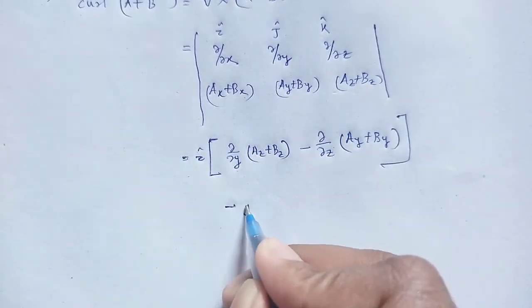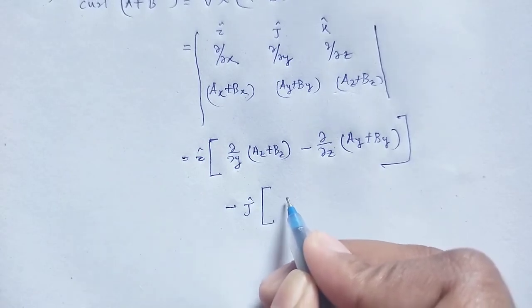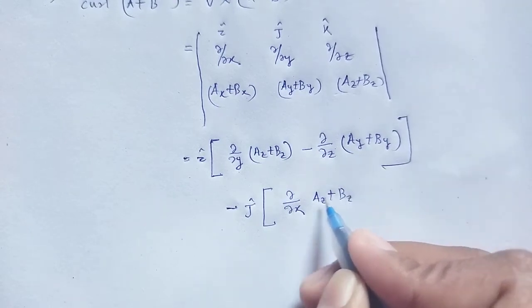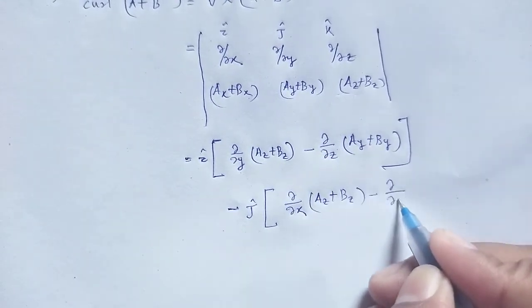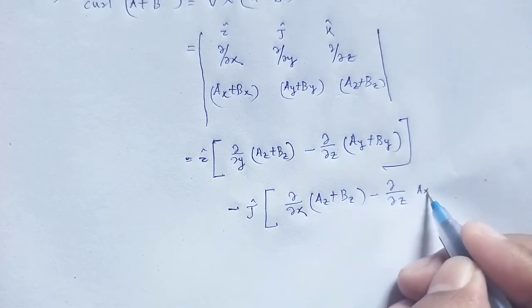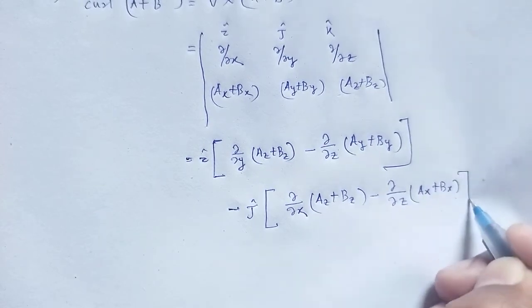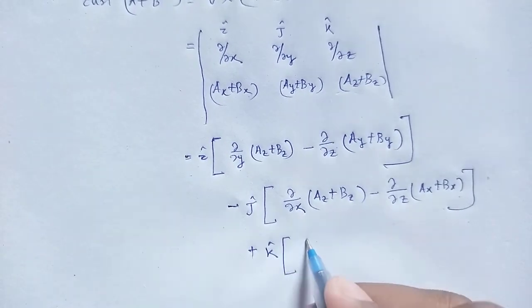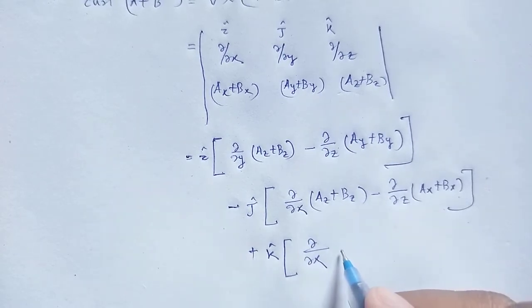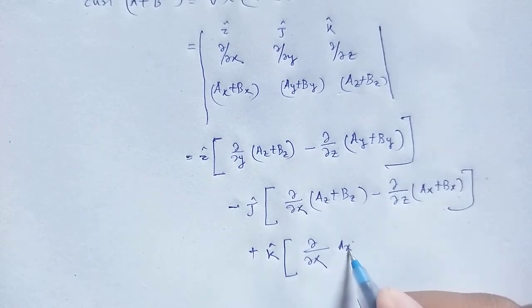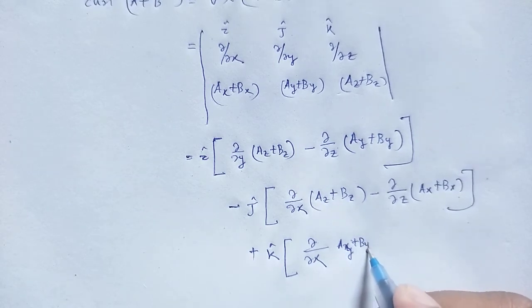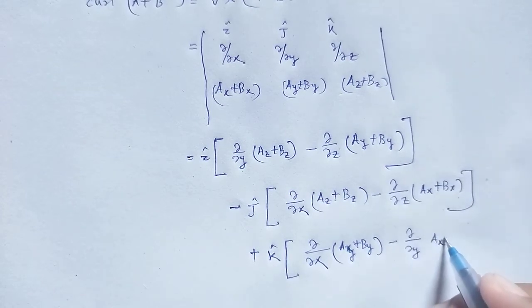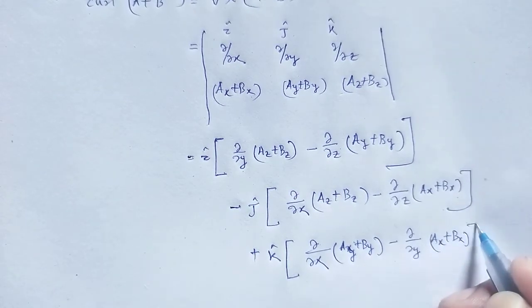minus j cap of del by del x of (Az plus Bz) minus del by del z of (Ax plus Bx), plus k cap of del by del x of (Ay plus By) minus del by del y of (Ax plus Bx).